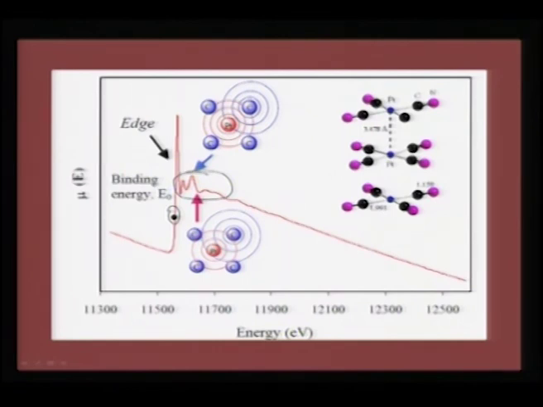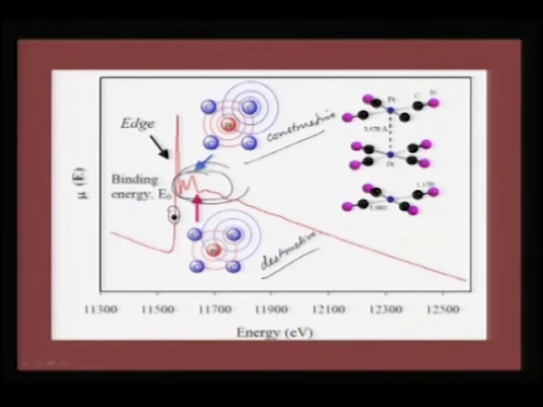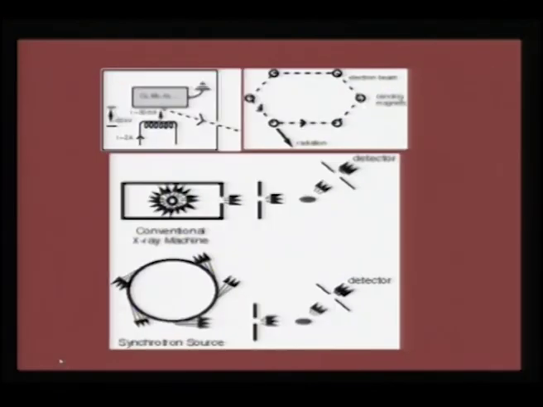This peak comes from constructive interference, and this peak comes from destructive interference. So, these fine structures can give us an idea about the local coordination and other information about bonding and the nearest neighbor occupancy and so on. So, this is also a very useful tool that is being probed.